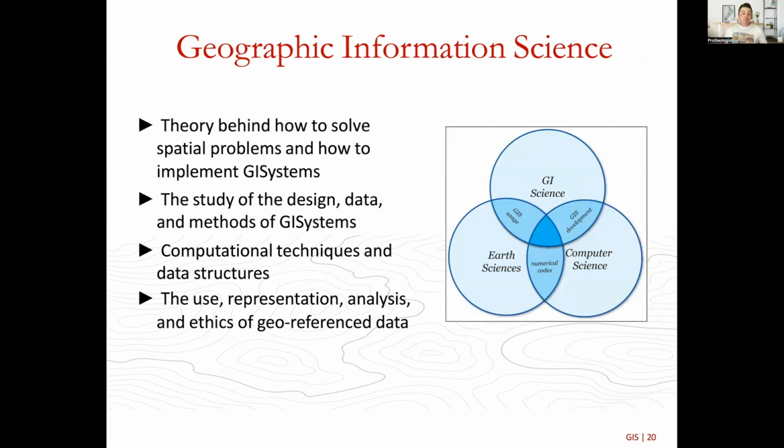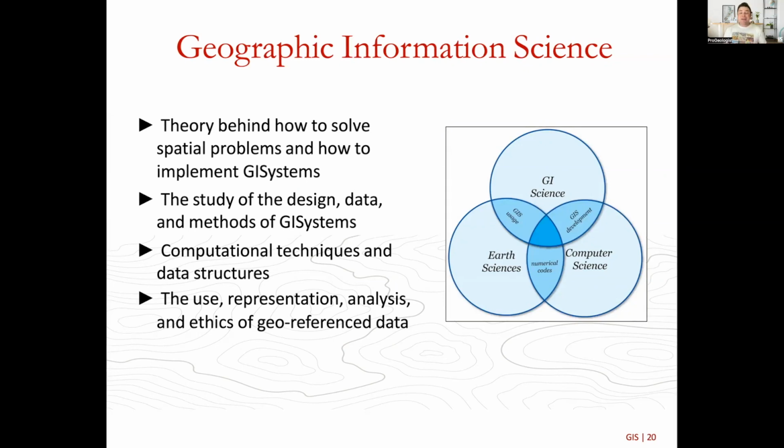So CS plays a huge role in this. Geographic information science, or GIS from that standpoint, is really the theory behind how to solve spatial problems. How do you analyze and pull out the spatial component to meet a challenging question and solve a challenge that society faces? And we do that usually by implementing GI systems, or GIS from that standpoint.